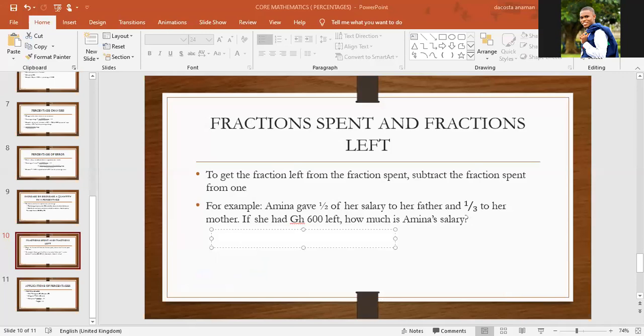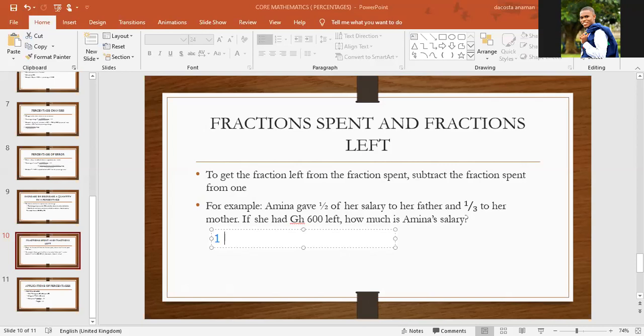So now we want to move this word problem into fractions before we solve it to get our final answer. A total of this fraction is 1. Therefore, in fraction form, Amina's salary is equal to 1.